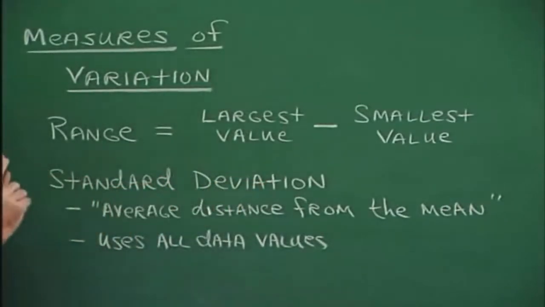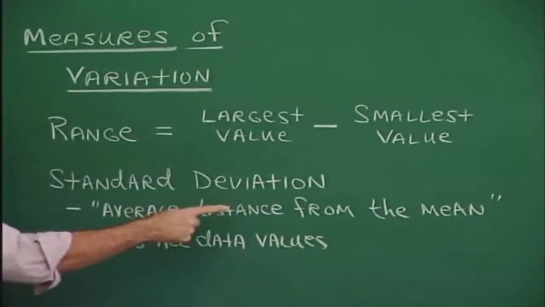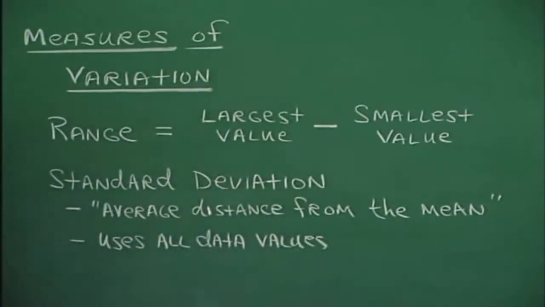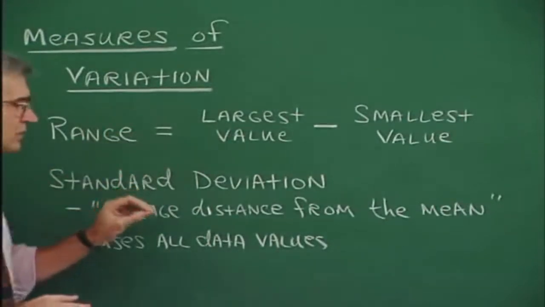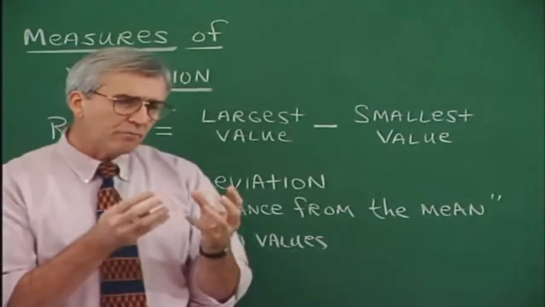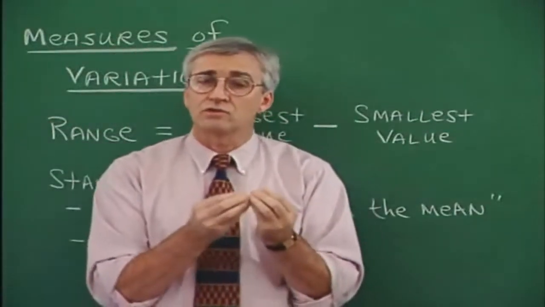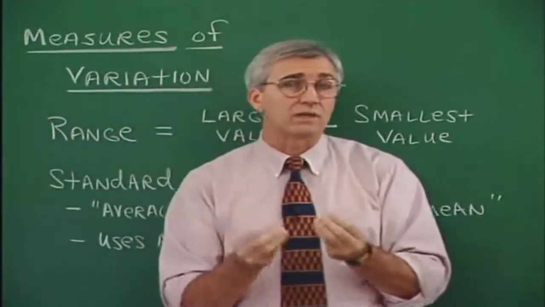A loose interpretation of standard deviation is average distance from the mean. The great advantage of standard deviation is that it takes into account all of the data values. I can best show you how to calculate range and standard deviation, and how it's important to have those two measures in a data set, with an example.